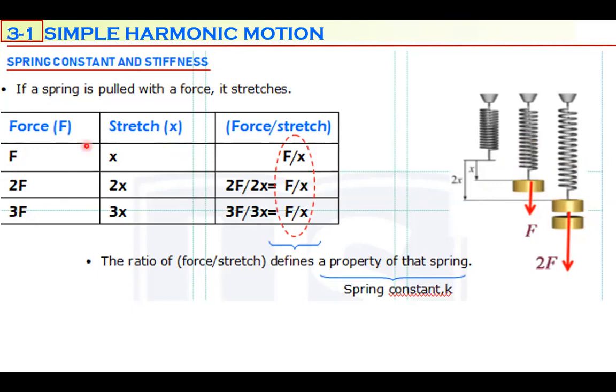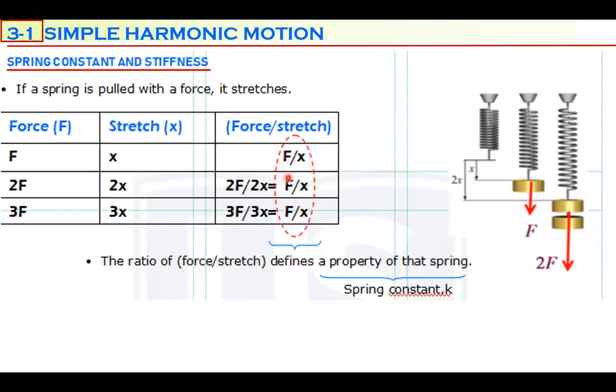However, the ratio of force and stretching is constant. Here it is F and x, later 2F and 2x, and after that 3F and 3x. When we divide force by the amount of stretching, we get a constant number.